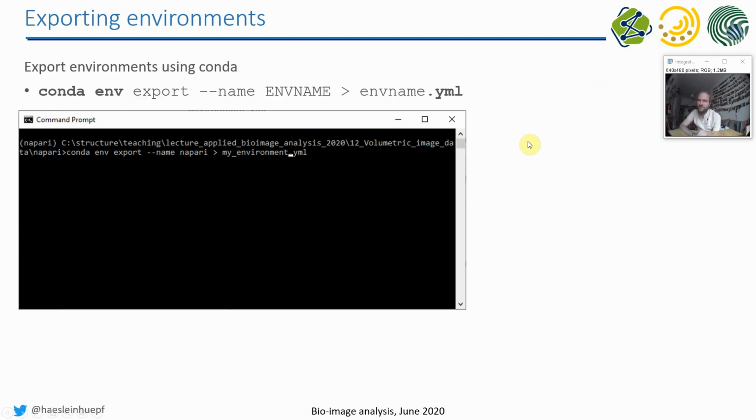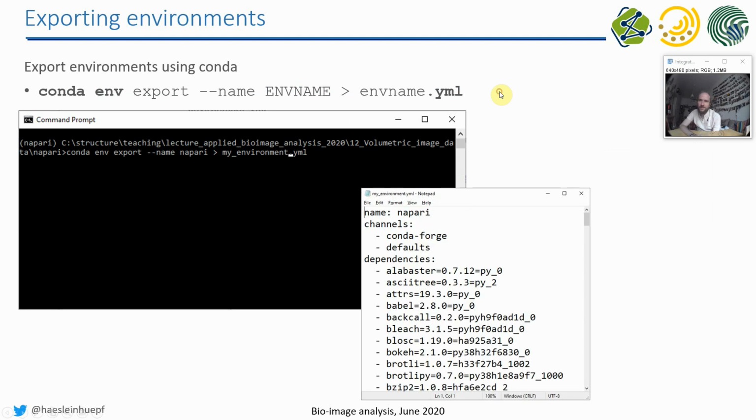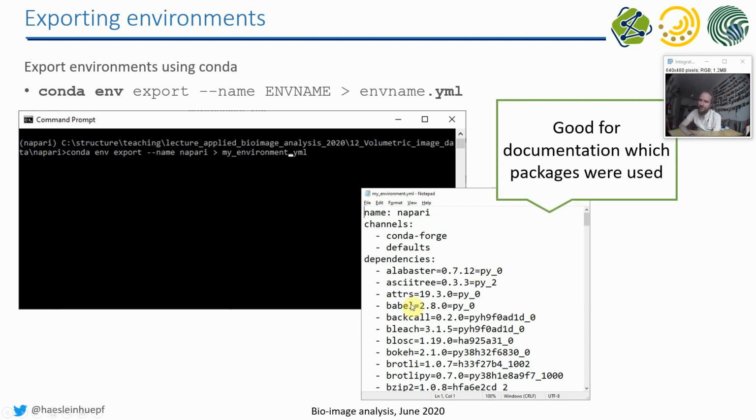You can also export an environment yourself by using this command. I would just hint you, after you exported your environment, have a look at this text file. It's good for documentation to know which particular version exactly was necessary in order to run the tools, the analysis you did.